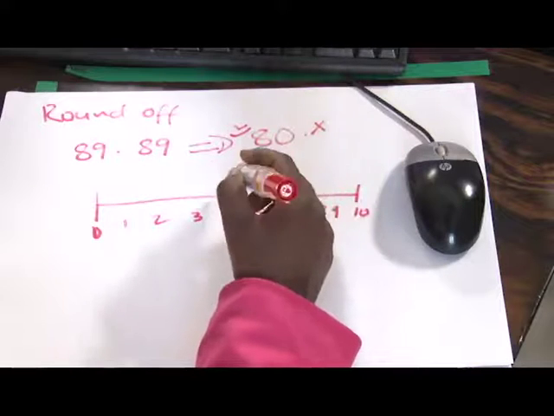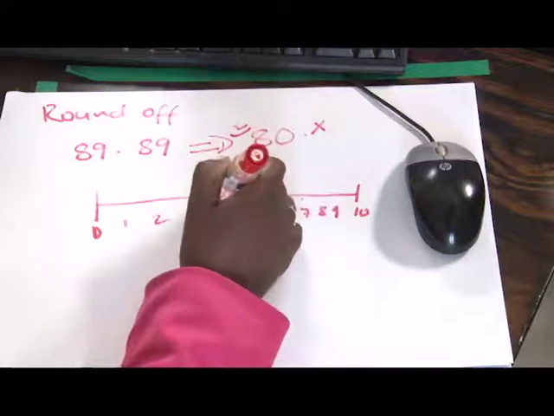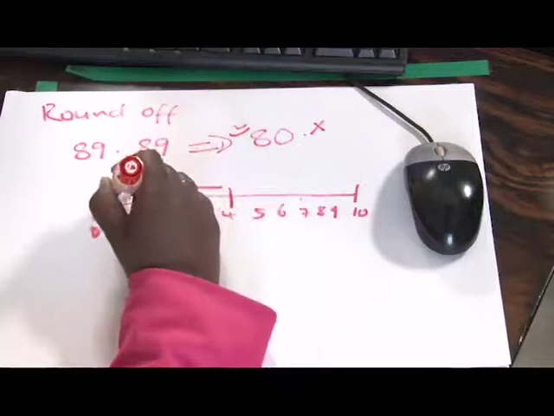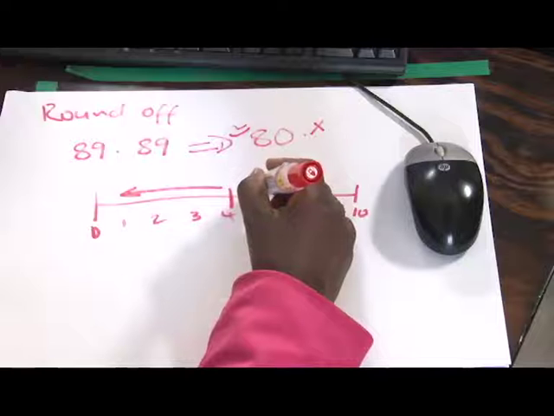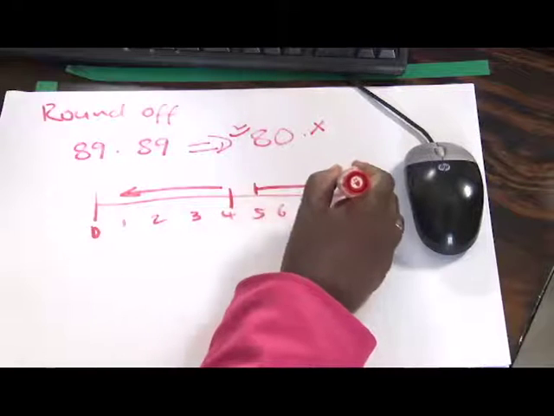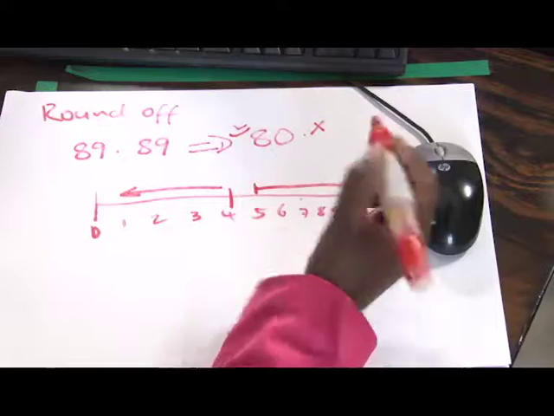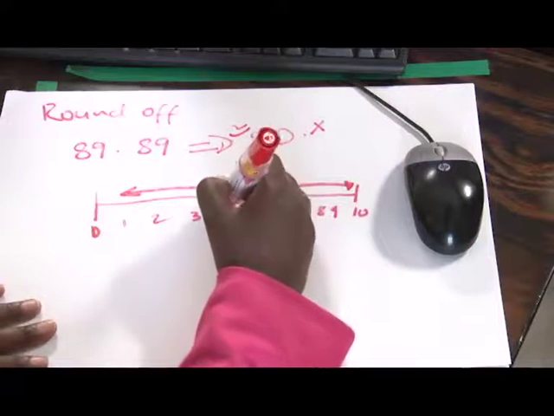Now, any number that is 4 and less, you round it down. Any number that is 5 and more, you round it up. What do I mean here?